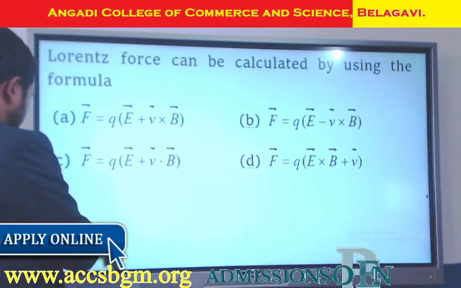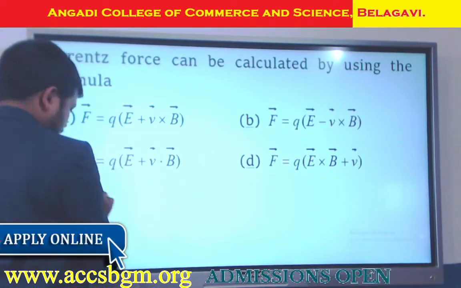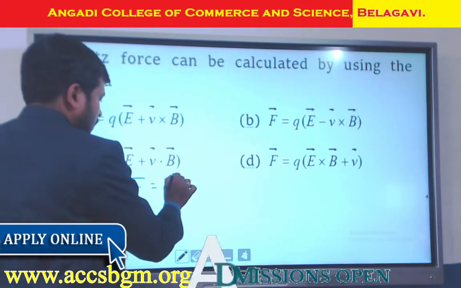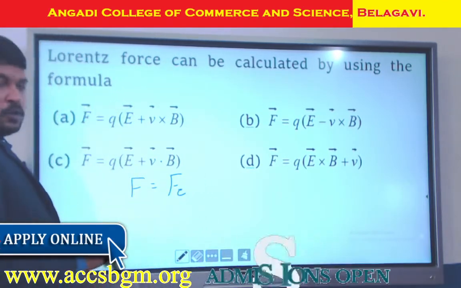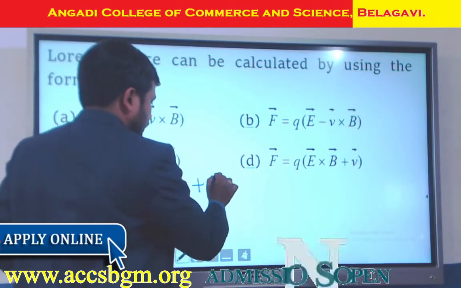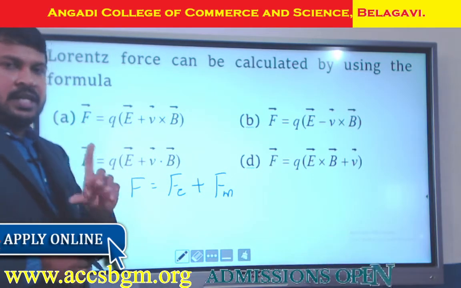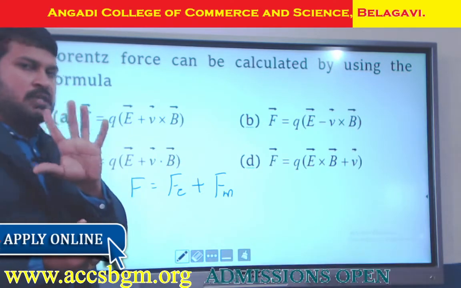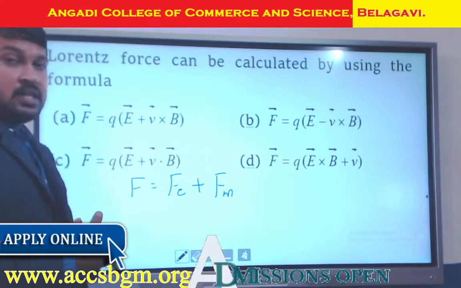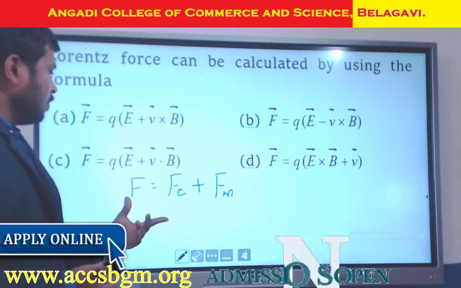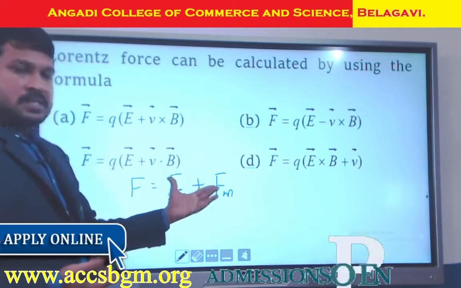That is F equals Fe, the electric force, plus the magnetic force. What did Lorentz state? According to Oersted, current flowing through a wire only produces a magnetic field. But what Lorentz stated is that not only the magnetic field, there is also an electric field dimension. For that, F equals Fe plus Fm.